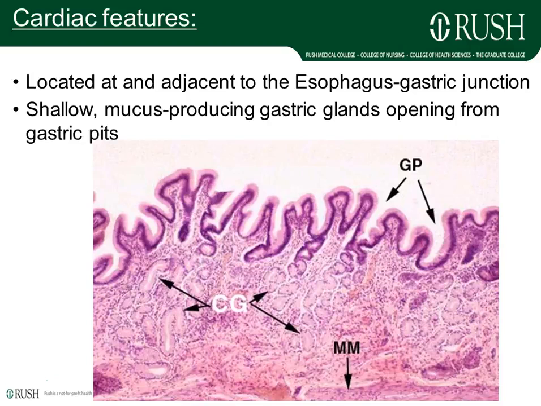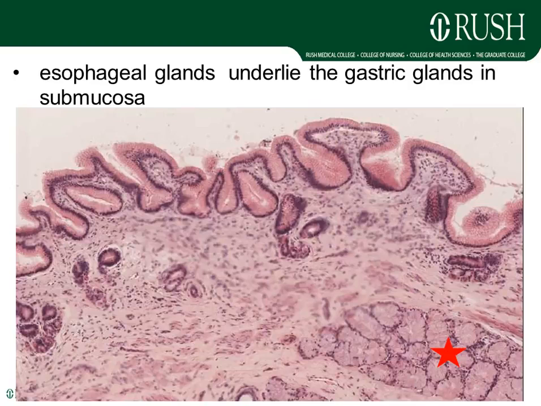At the bottom, the MM stands for muscularis mucosa. And at the top, where you see GP, that's gastric pit, located in the lumen and showing you those deep invaginations, which are gastric pits opening into the gastric glands. In the very proximal portion, you can sometimes see portions of the esophageal glands, just as we did in the esophageal cardiac region.